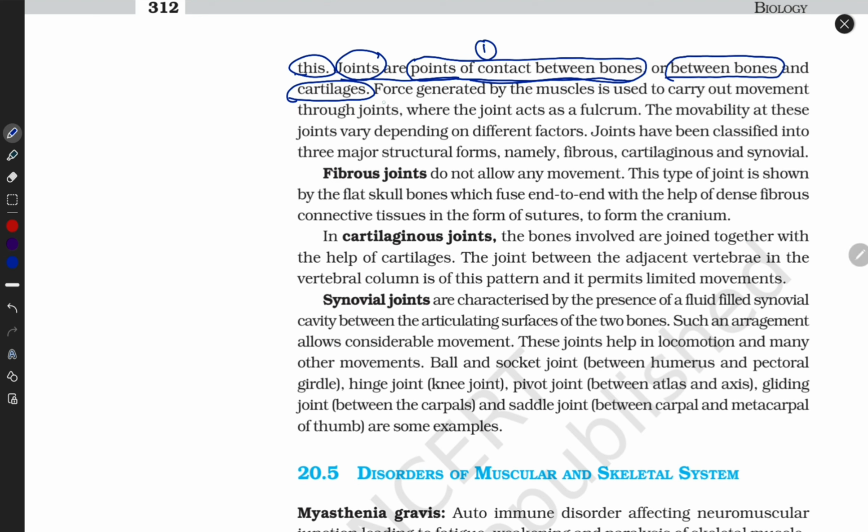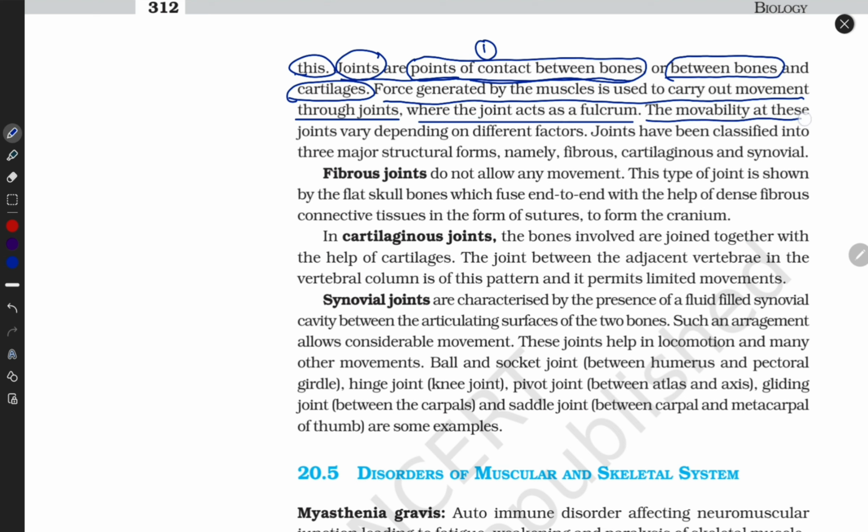Force generated by the muscle is used to carry out movement through a joint. During walking, running, swimming, our muscles exert force towards our bones and joints. So movement can happen easily where the joints act as a fulcrum.